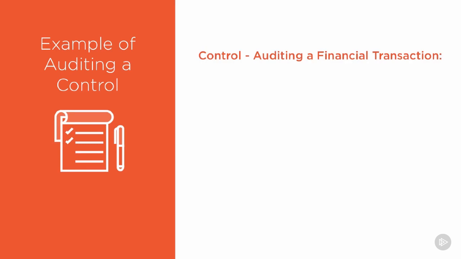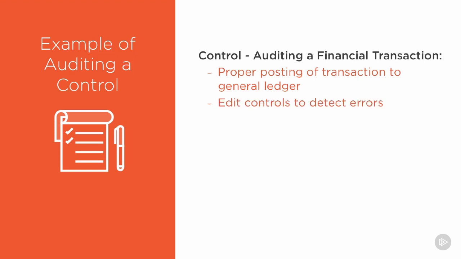Say, for example, if you're going to audit a financial transaction, you would ensure that that transaction was posted accurately into the general ledger of the organization. We would ensure that there were appropriate controls in place to try to detect an error and alert if incorrect information was input, such as hash values and integrity checks, the number of transaction checks, for example.